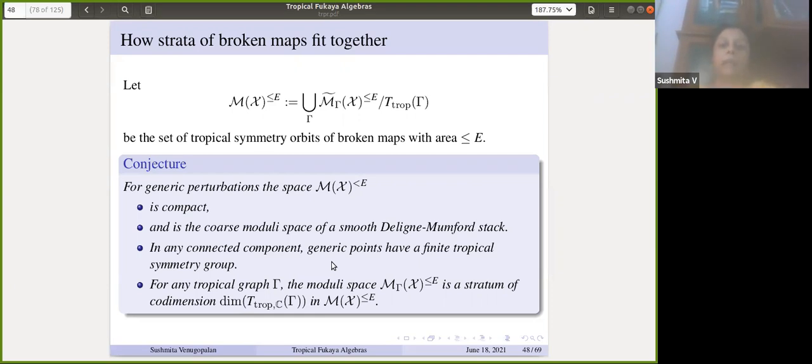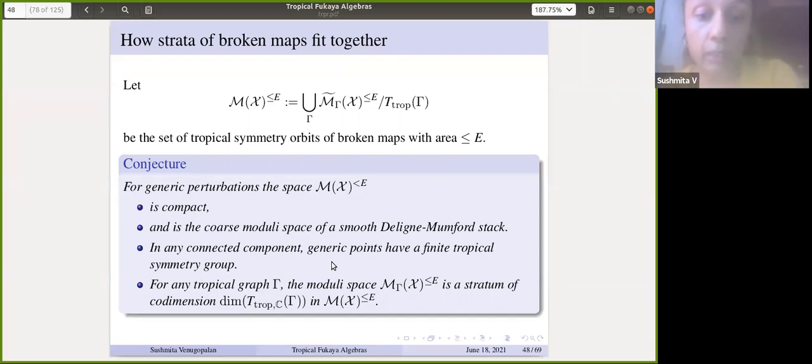Let's take the tropical equivalence classes of all the maps below a certain energy bound. Then they fit together into a compact orbifold. And in this orbifold, generic points have a finite tropical symmetry group.